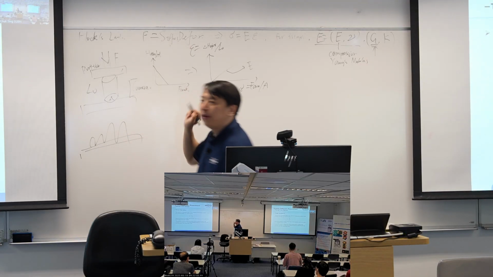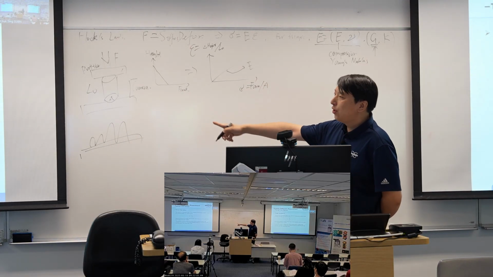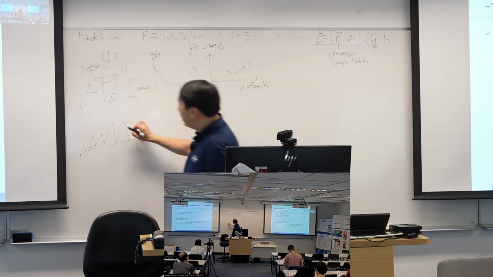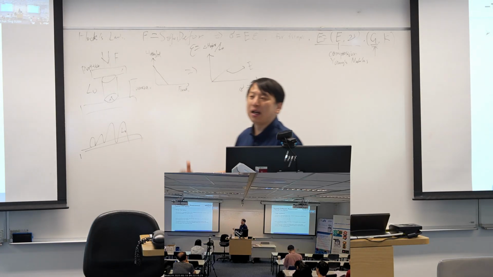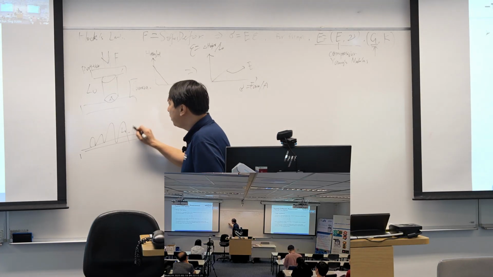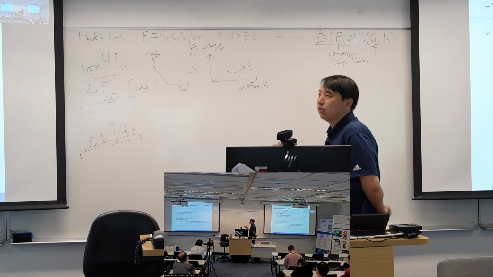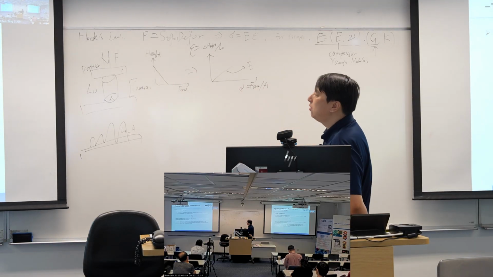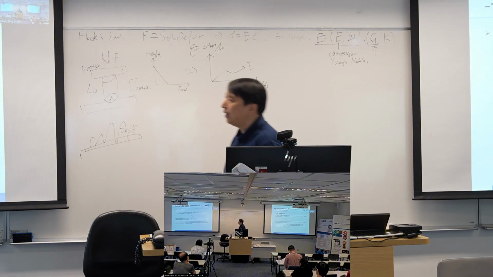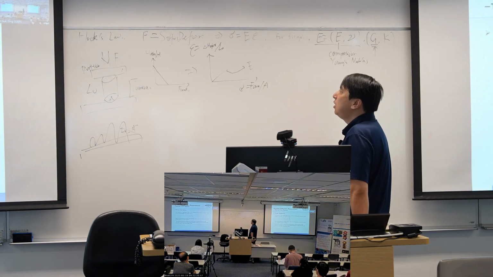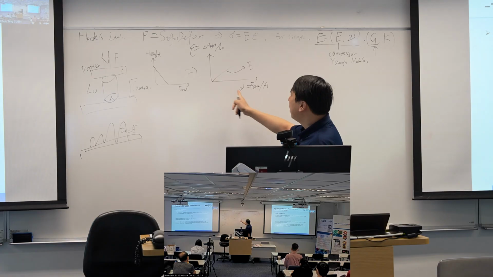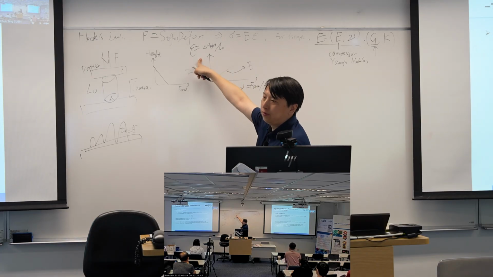It's a random shape. So for this kind of sample, the original height is unknown, and the area of the cross section is also unknown. So we cannot directly capture this kind of stress-strain curve.